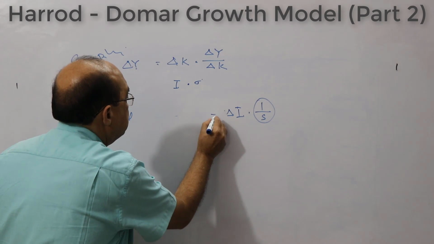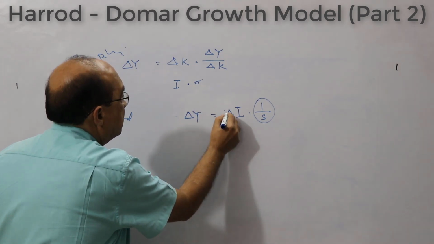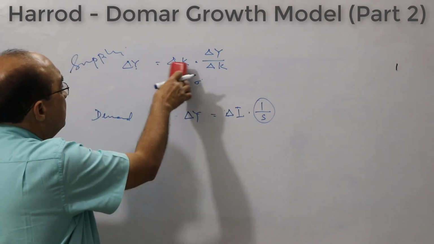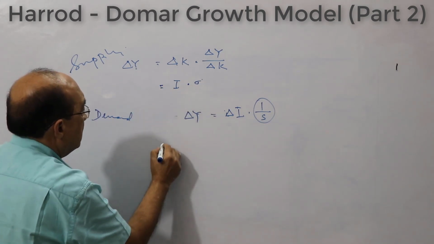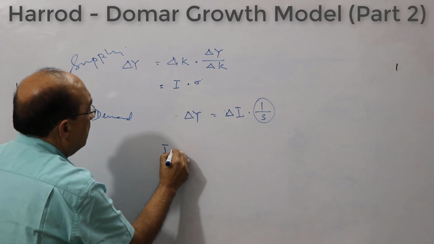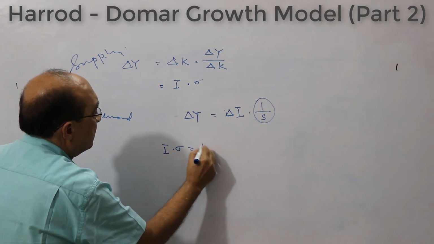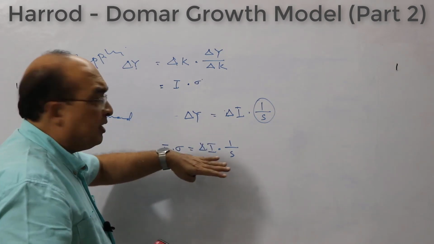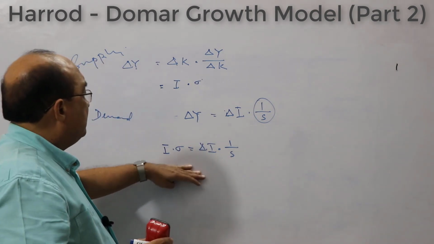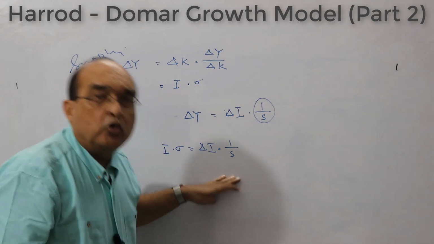So in equilibrium, I multiplied by sigma and delta investment multiplied by 1 upon S should be equal. Equilibrium requires that these two should be equal.